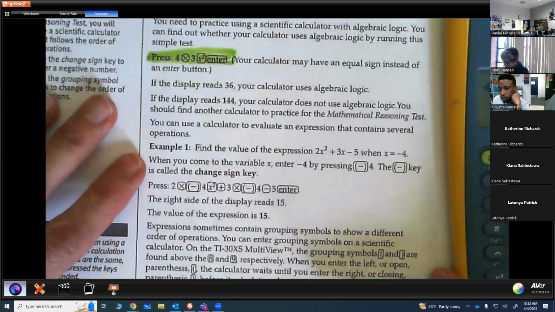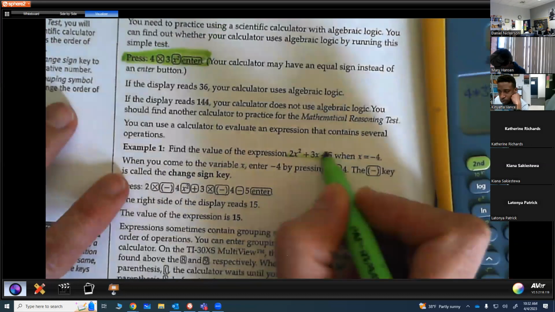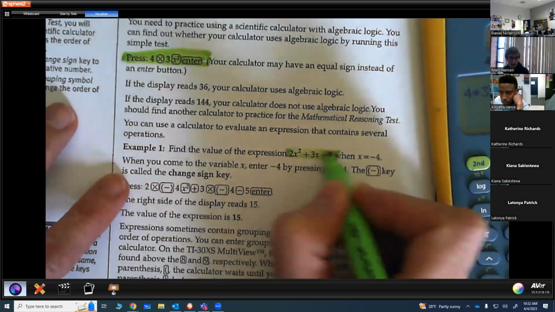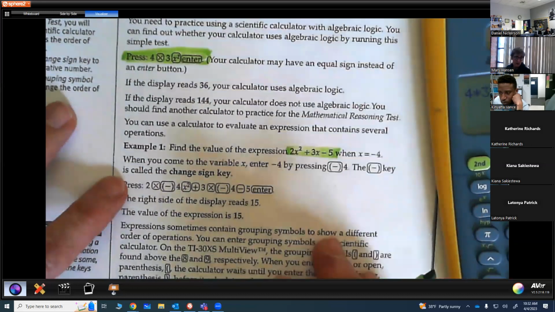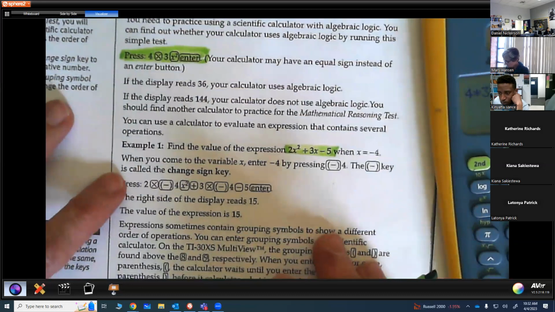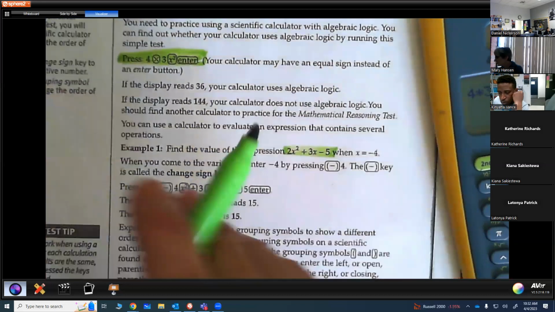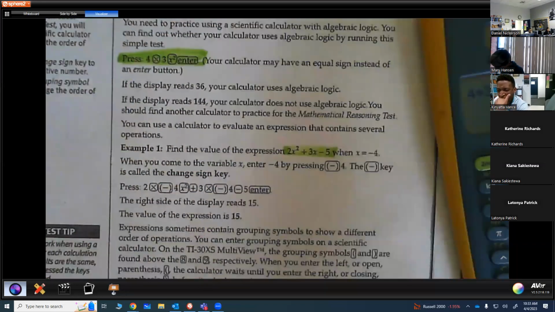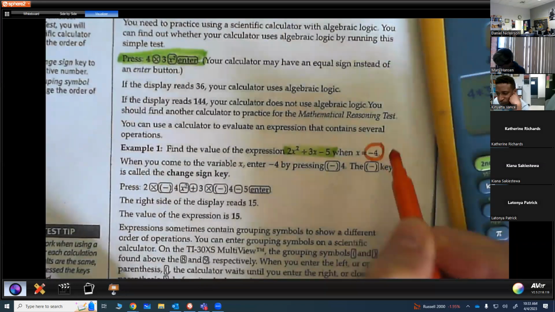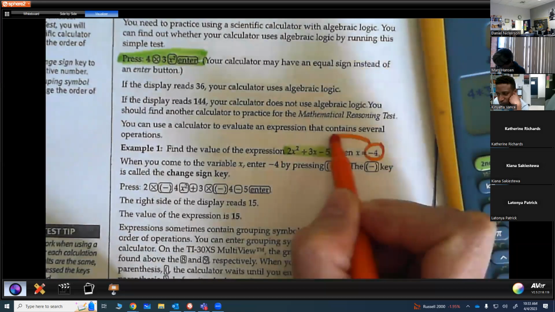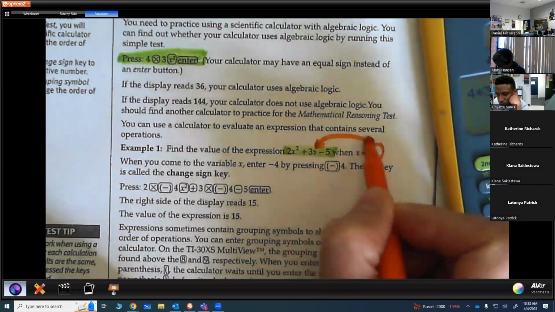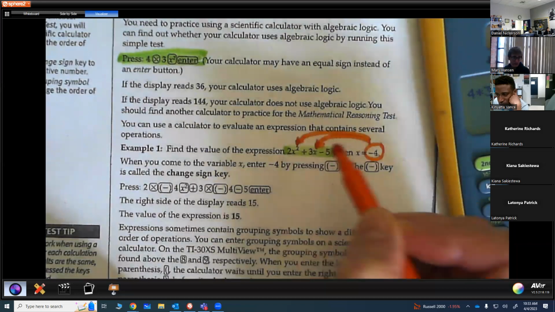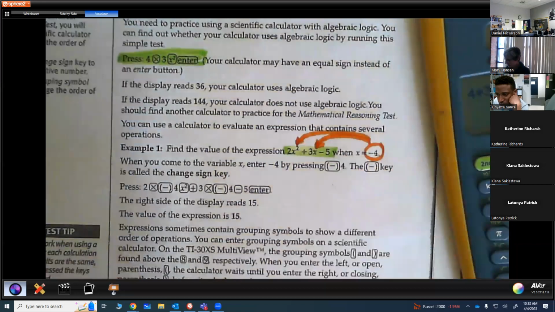Okay, so what we're going to be doing is taking expressions like this one and evaluating them, meaning we are going to be given the value that the variable equals, and we're going to put in that value everywhere we see that variable, in this case, that x.